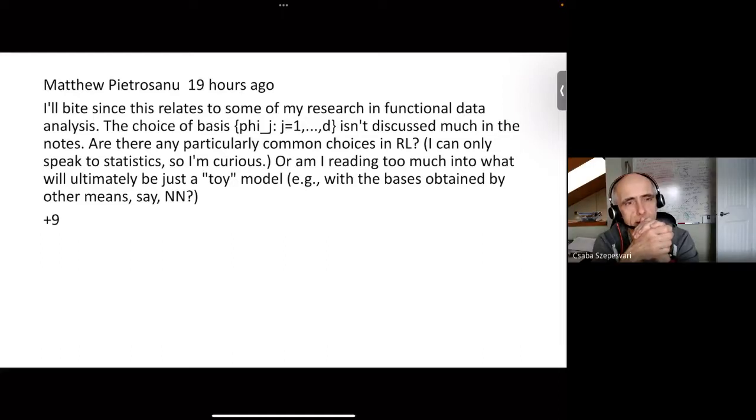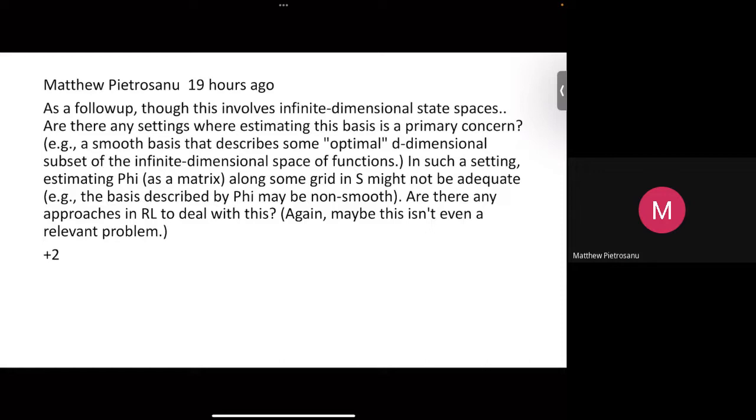Okay. All right. And you had a follow-up question on Slack as well. Yeah, actually. My follow-up was more about thinking again about continuous state spaces, and how in this lecture we talked about, say, the allocation problem, where you discretized your state space.